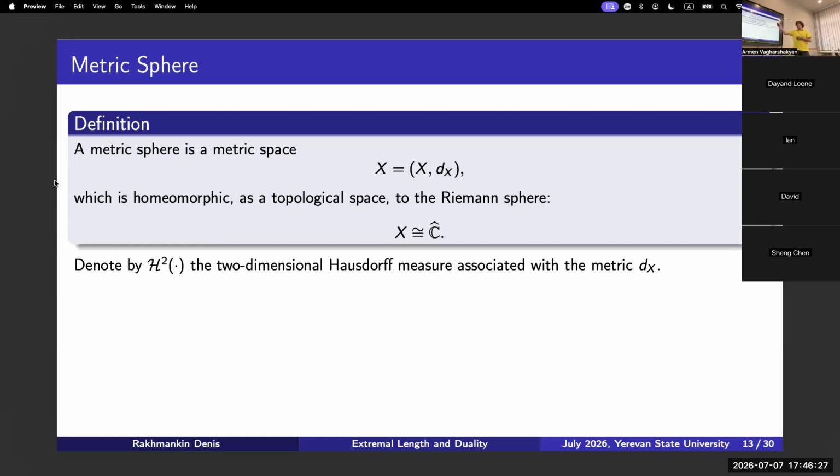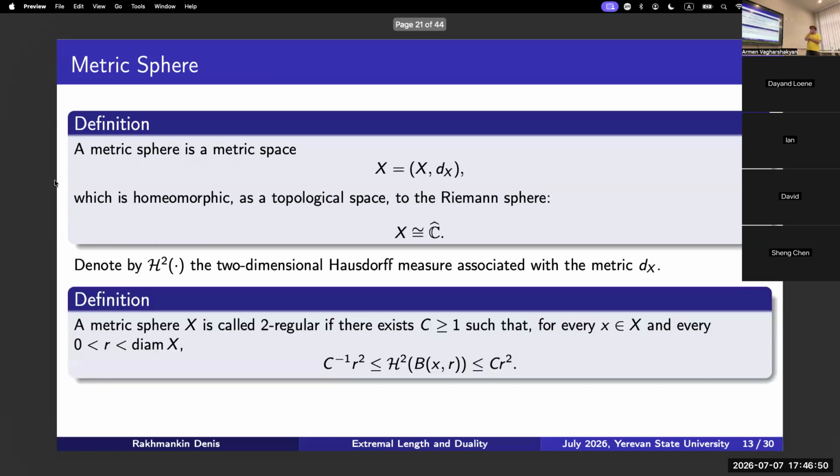A metric sphere is just a metric space which is topologically homeomorphic to the Riemann sphere. Let's denote by S squared the two-dimensional Hausdorff measure associated with our metric.